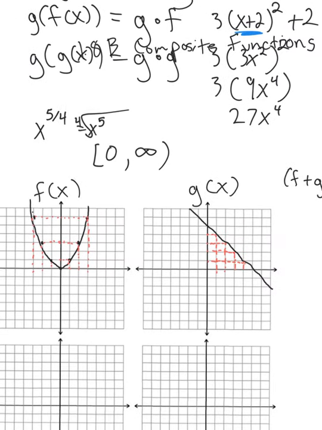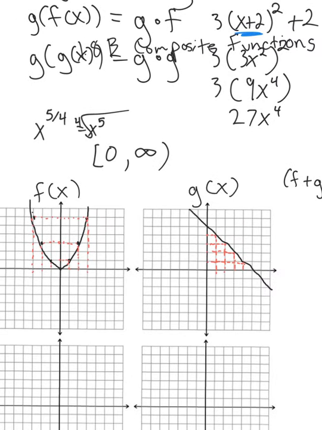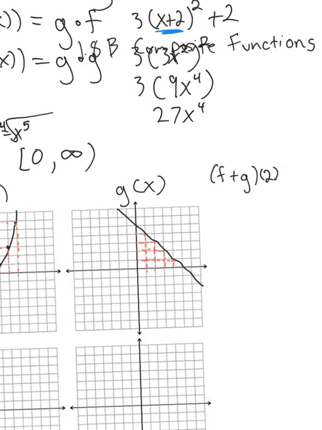So for f of x, we go over 2. That is actually 1, 2, 3 for our y's. So that is actually 3 plus g. For g, when you go over 2, there's 1, 2, 3. That is also 3. So our answer there is actually 6. Okay.